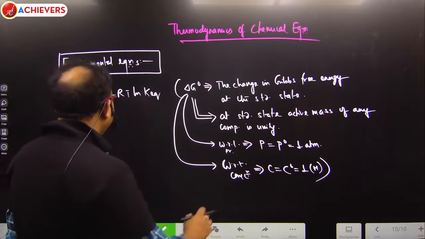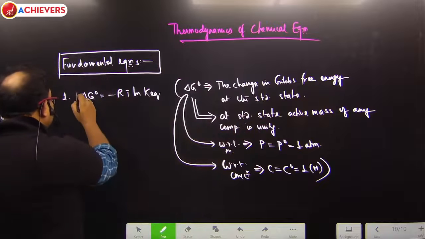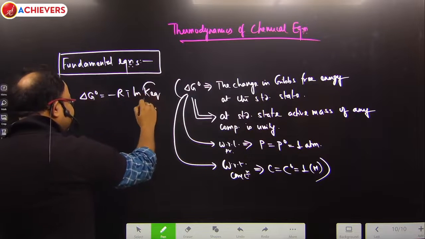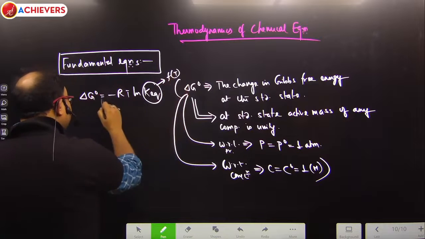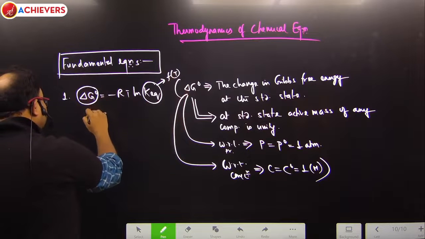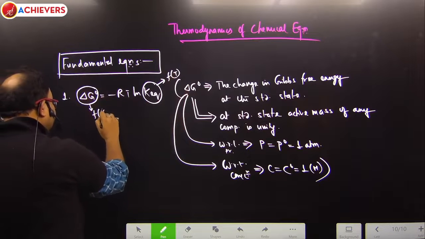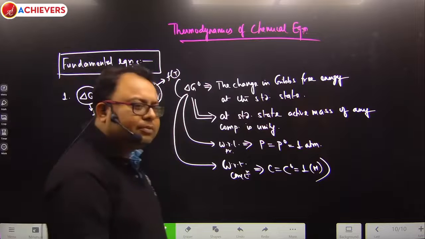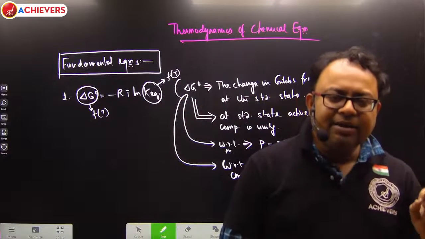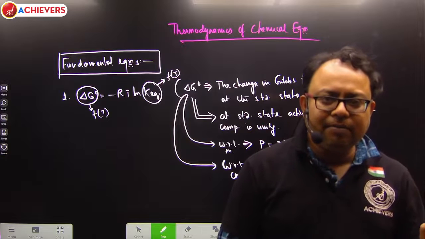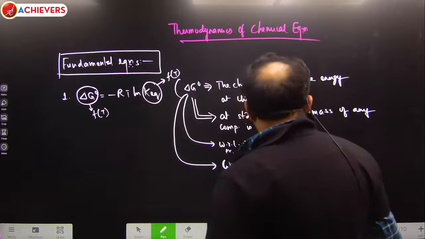See, this K equilibrium is solely a function of temperature, and this delta G naught is also a function of temperature only. Change in Gibbs free energy at standard state is a function of temperature only. Why?